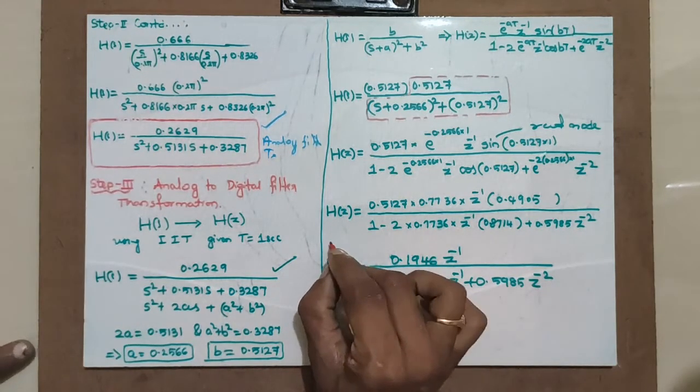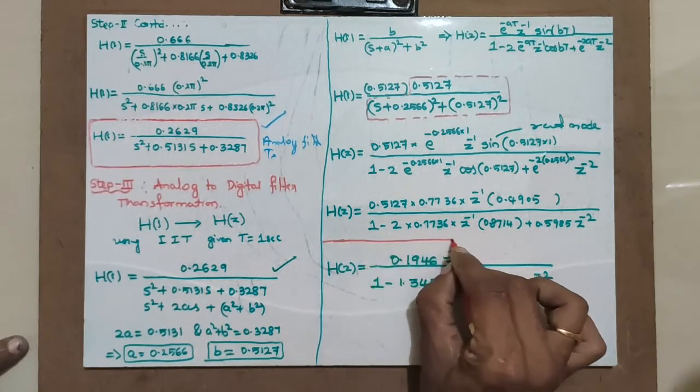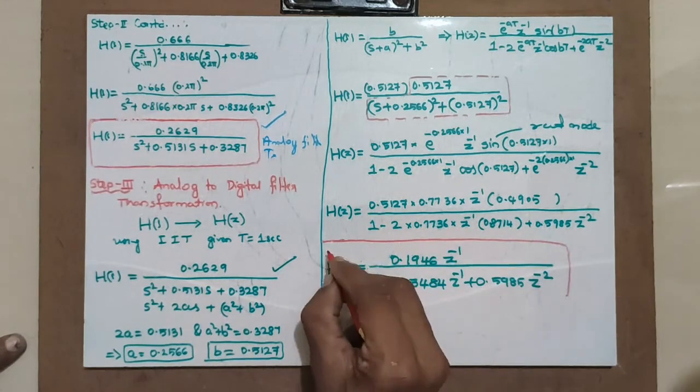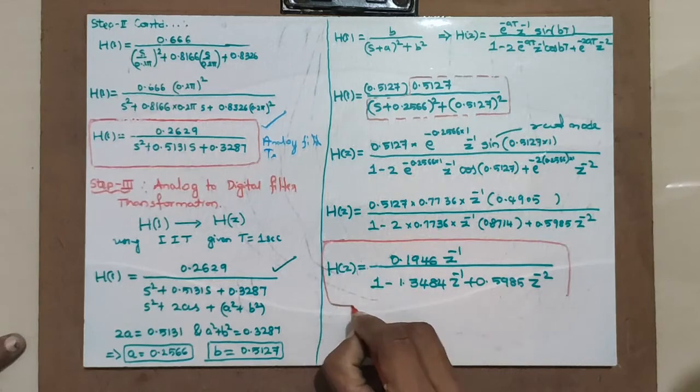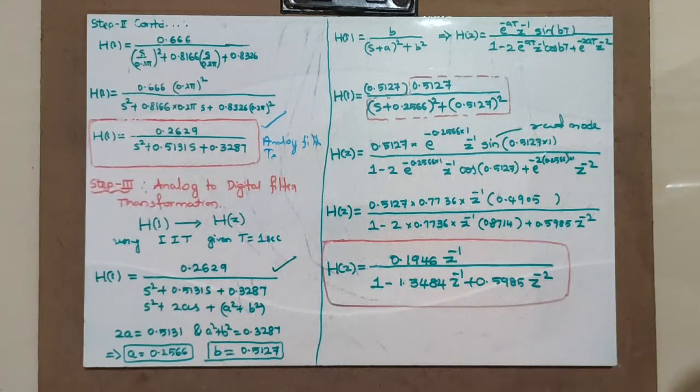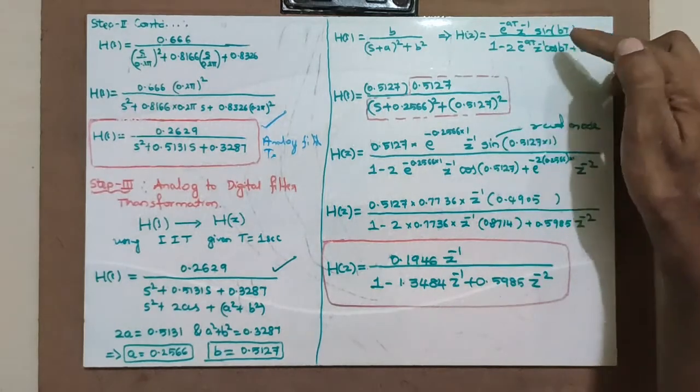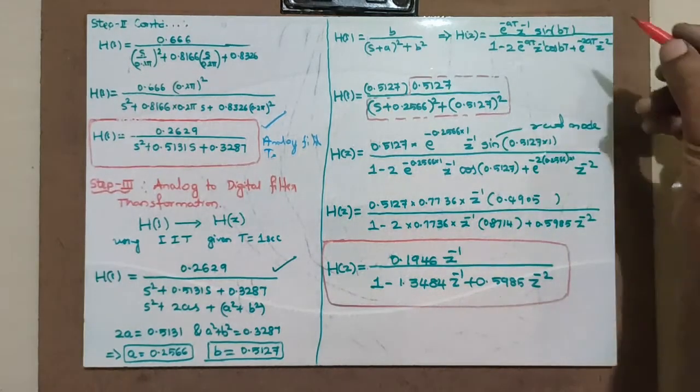Please note that I converted the given H of s analog filter transfer function into the corresponding digital filter transfer function H of z using impulse invariant transformation with T equal to 1 second. What is very important here is that I have used the formula b divided by (s plus a) whole square plus b square, which is converted into e raised to minus aT z raised to minus 1 sin bT.